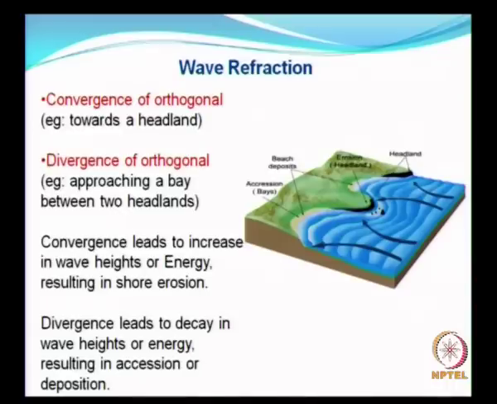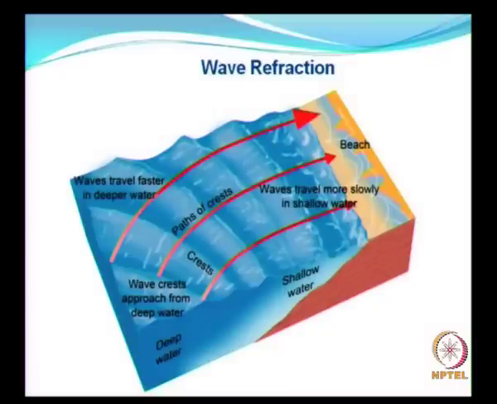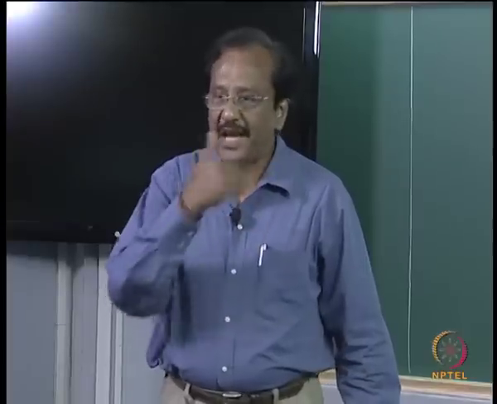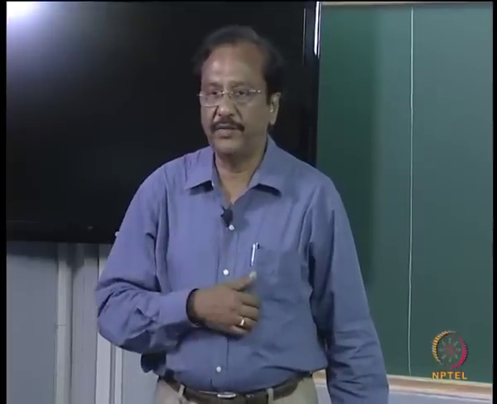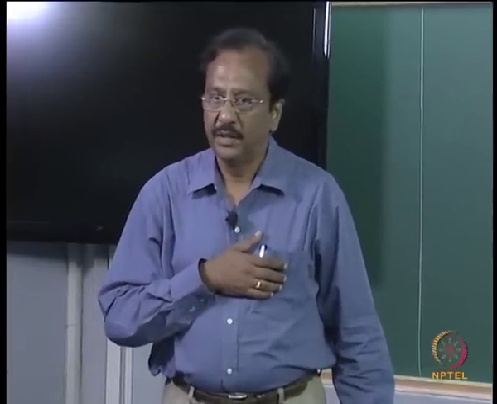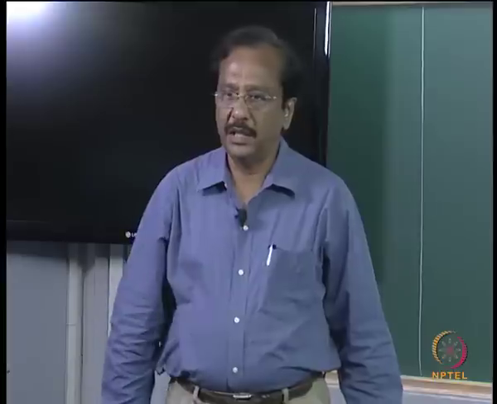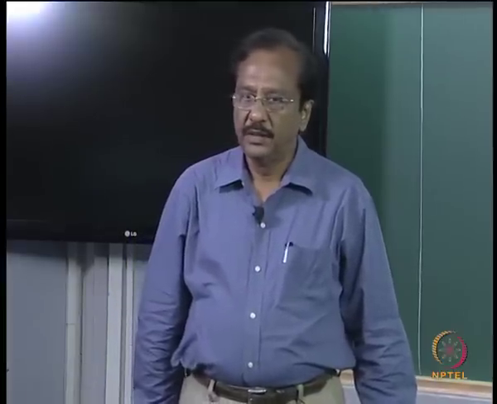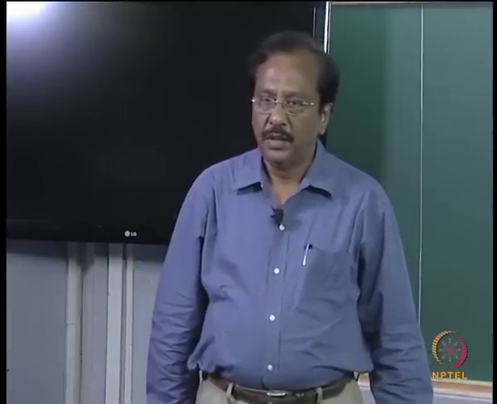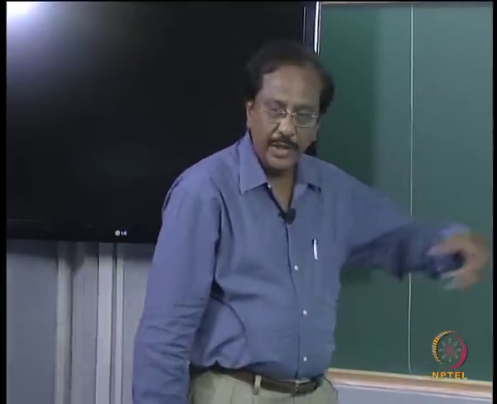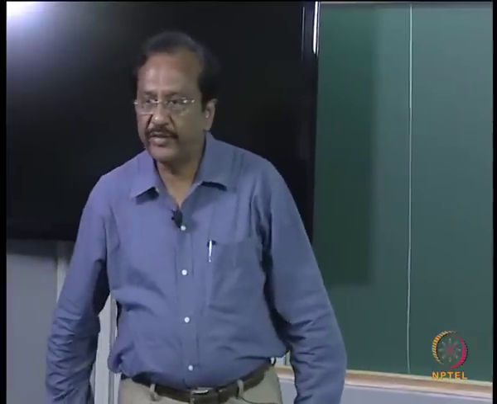What kind of information can you get? As I said earlier, you are supposed to draw such a plot in the planning process of any project, be it a coastal engineering project or a port project, and also in order to understand the stability of your shoreline.